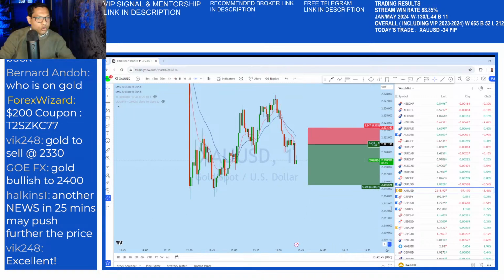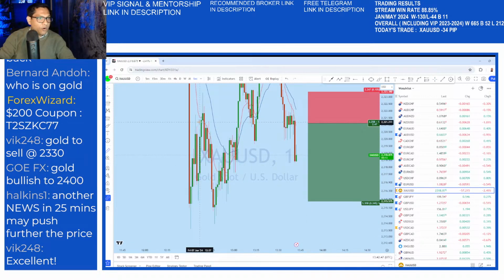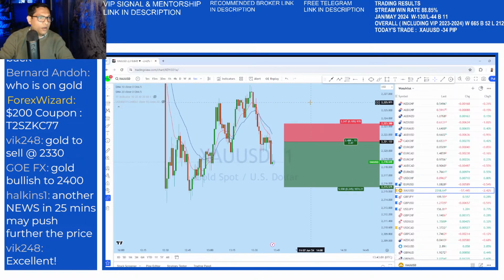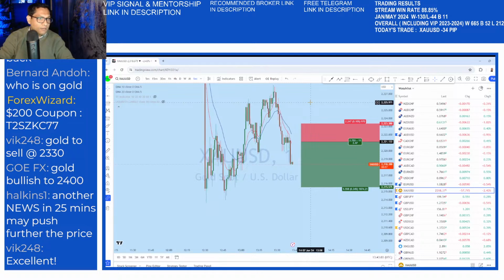Okay, so one more drop will give us profit around 57 pips if it drops down. One more drop and I'm ready to close anytime if needed. So far a potential for downside.